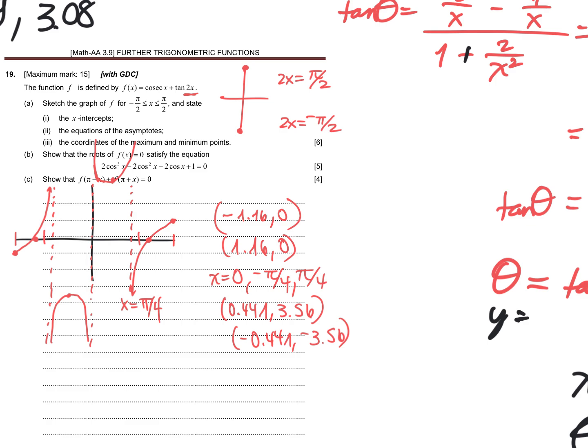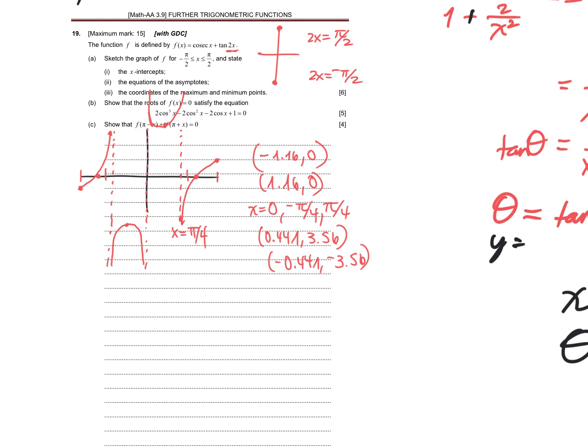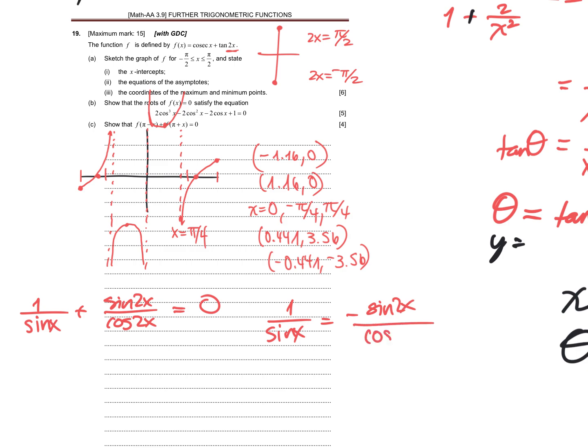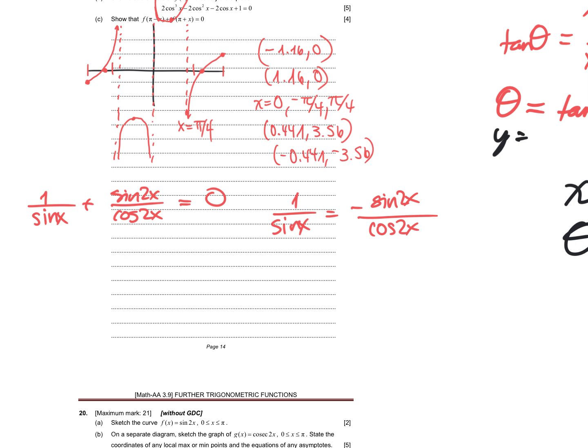Okay, so if we just get this in terms of stuff we know, 1 over sine x plus sine 2x over cosine 2x, and we want the root, so it's equal to 0. Okay, so if we do 1 over sine x equals negative sine 2x over cosine 2x, and we want this all in terms of cosine, okay?